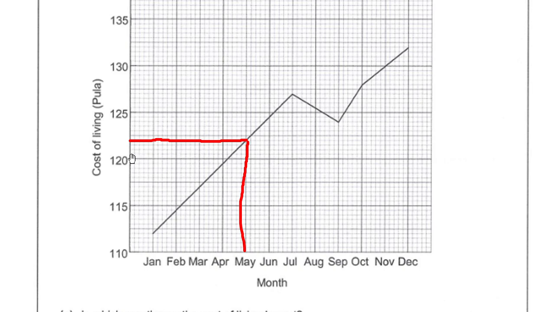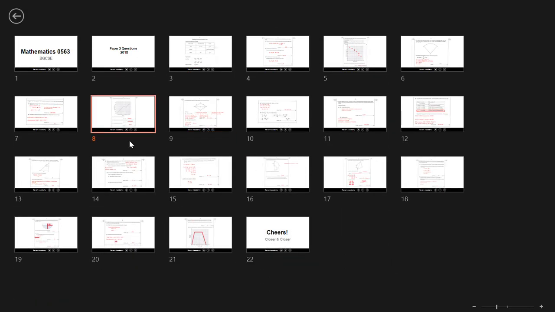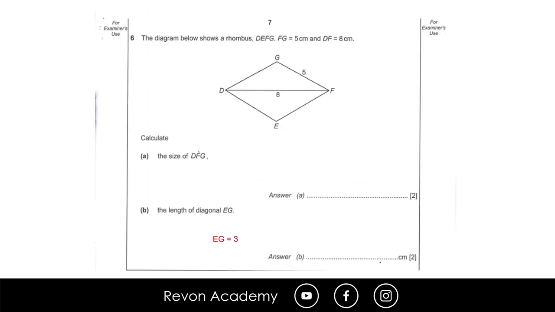So let's find out how much this is. 120.5, and then 121, 121.5, and then 122. So yeah, the cost of living is 122.